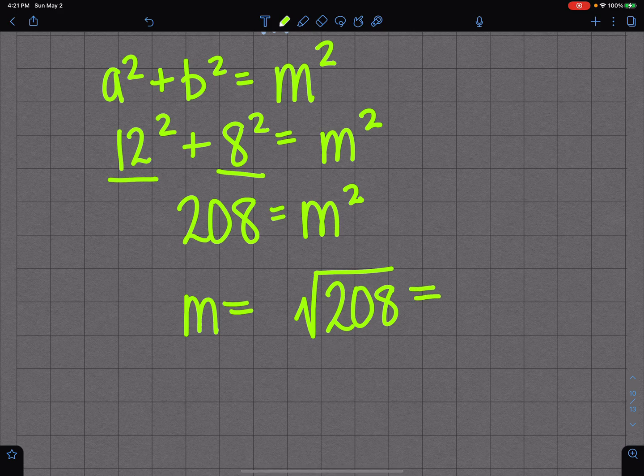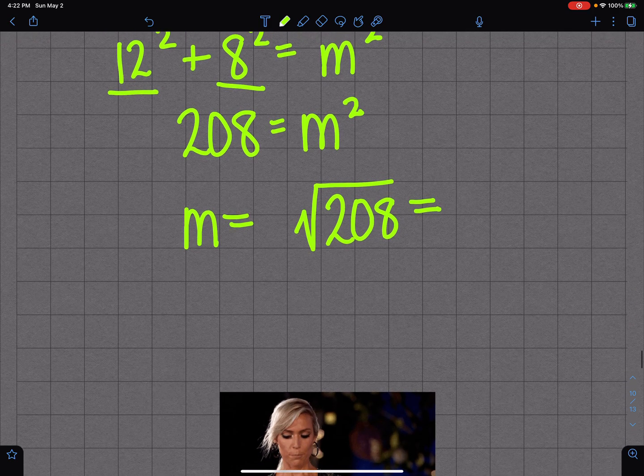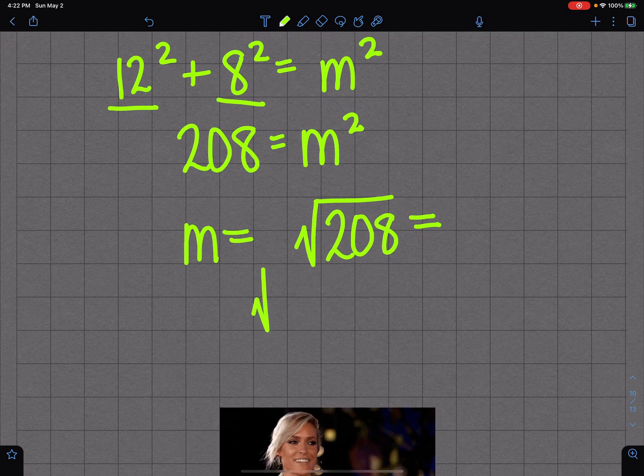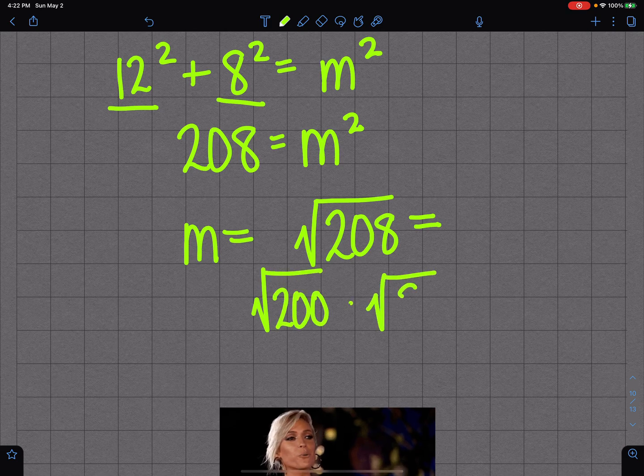And you can simplify this. Do you remember how to simplify a square root like this? Tell me if you don't. Remember, it's like doing square root of 200 times square root of 8. Or no, I did that wrong. Let's erase this.